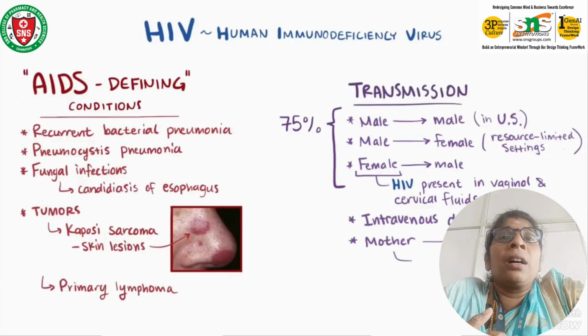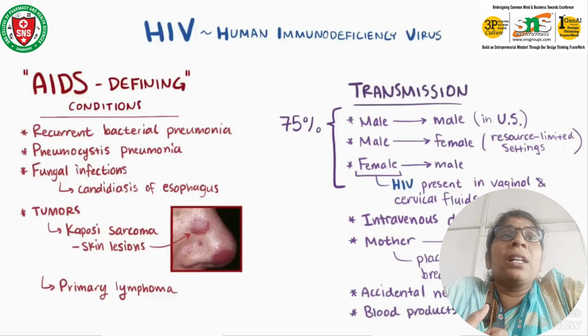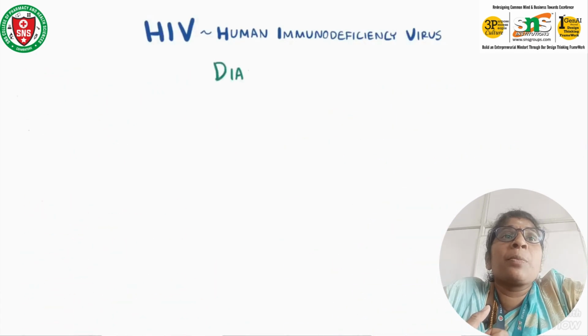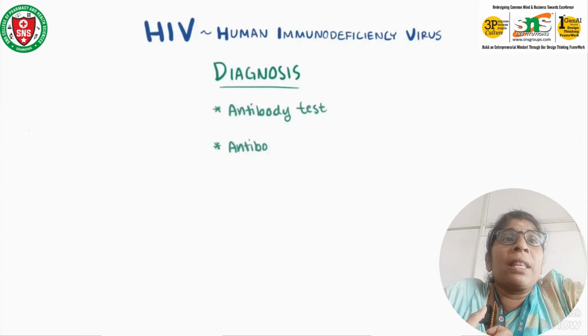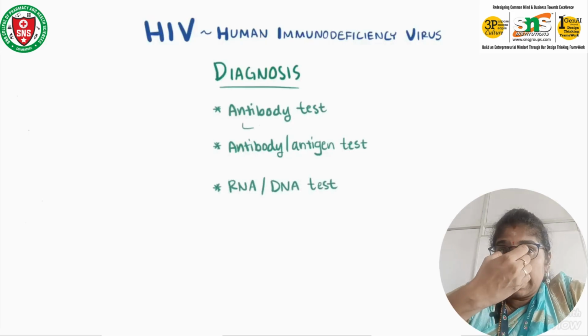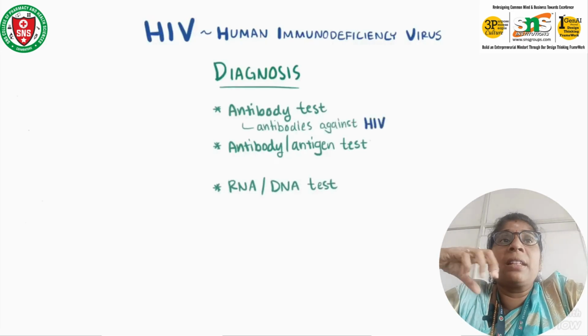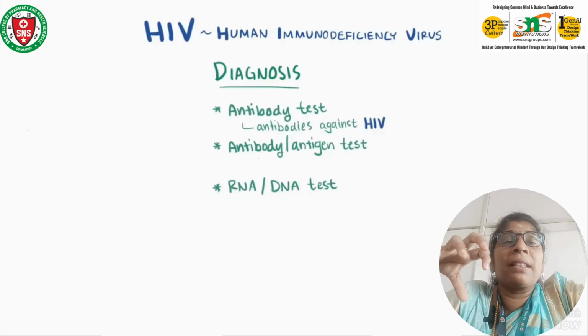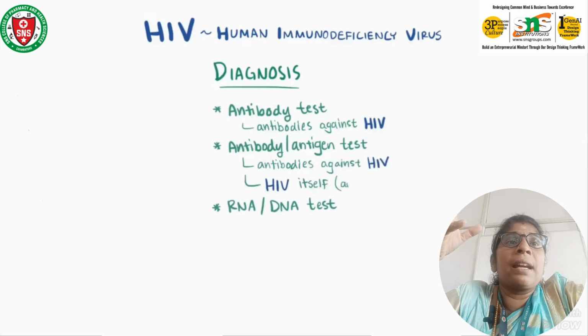And with nearly 200 to 500 T cells per cubic millimeter, there are swollen lymph nodes, lymphadenopathy, and hairy leukoplakia, a white patch on the tongue caused by Epstein-Barr. These are all caused by the decrease in the T cells, along with oral candidiasis, a yeast infection, and so on.